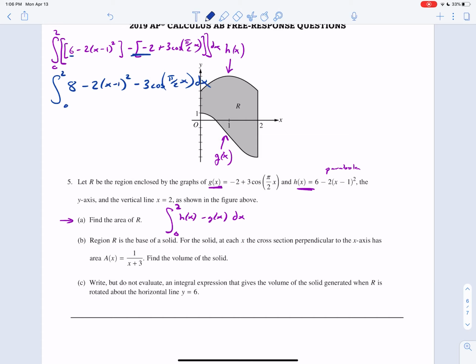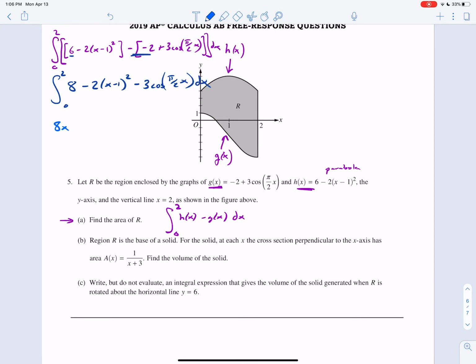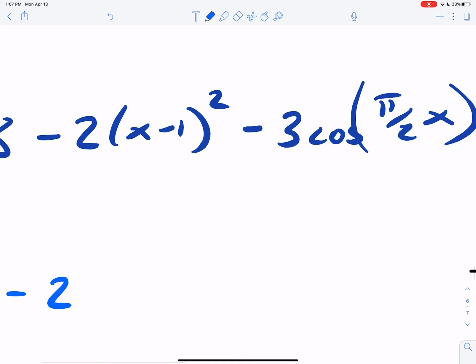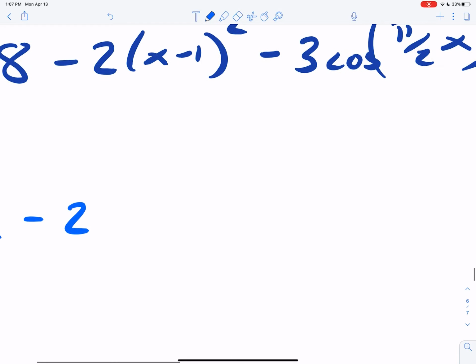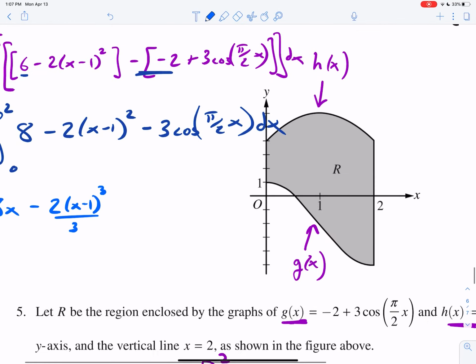Okay, so if I integrate, I'm going to have 8x minus 2. Now notice this x minus 1 here is a simple linear, so there's no need for u substitution. It would just be x minus 1 cubed over 3. Okay. So far, so good.